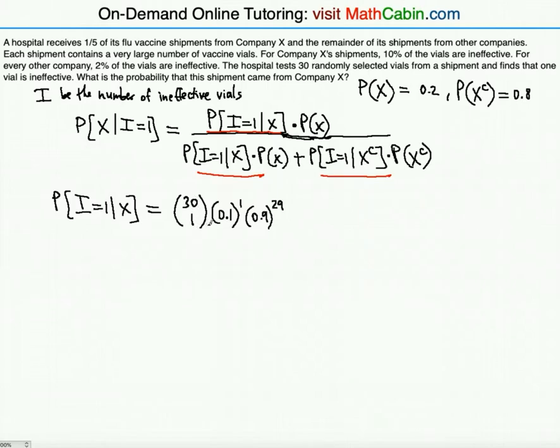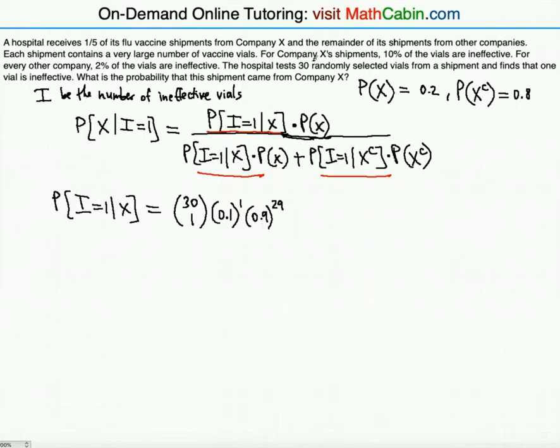Okay? So basically, you can assign the possibility of each vial out of the 30 being ineffective, right? Because having one ineffective can be achieved 30 different ways, right? That's why essentially multiplying this by 30, you will have 30 different cases, right? And of course each case is separate.